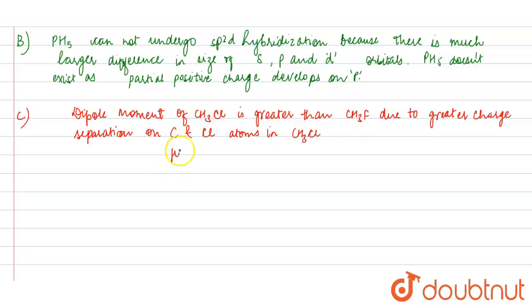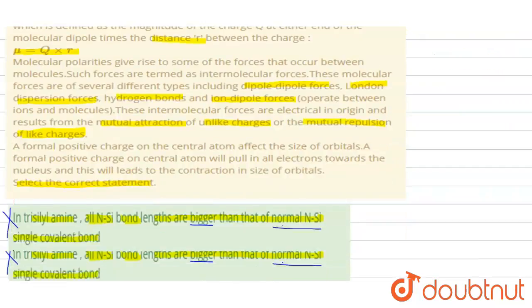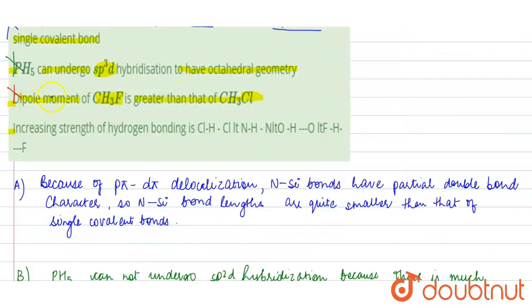What is dipole moment? Dipole moment mu is equal to charge into separation between them. So the larger the separation, the larger the dipole moment. So CH3Cl has a larger dipole moment than CH3F. So the third statement is also incorrect.